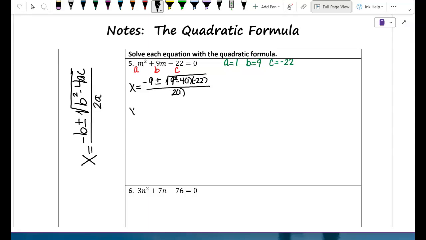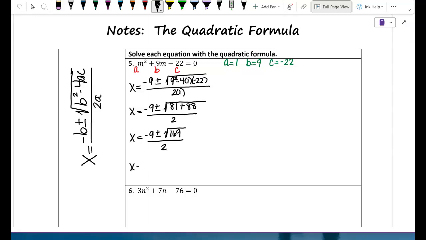So now as I start to simplify, x equals negative 9 plus or minus the square root. 9 squared is 81. Negative 4 times 1 is negative 4. Negative 4 times negative 22 would be plus 88, all divided by 2. So x equals negative 9 plus or minus the square root. What is 81 plus 88? 169 divided by 2.